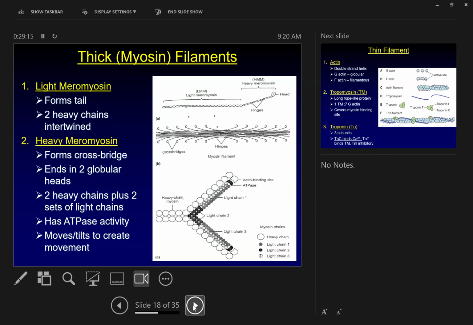Okay, so a thick myosin filament is going to be one myosin molecule that looks like this, and then it's a bunch of these things, with the tails all fitting together. Where the hinges are, where the head is, is very important, but a little beyond the scope. That's more master's level stuff.